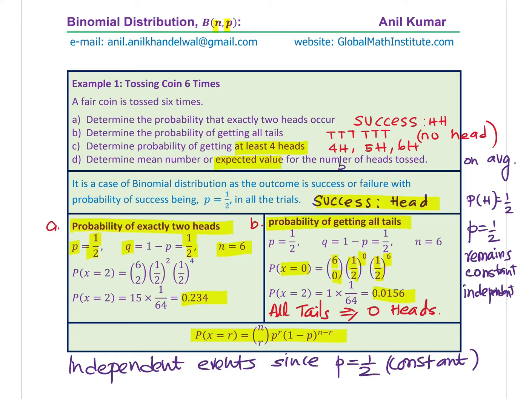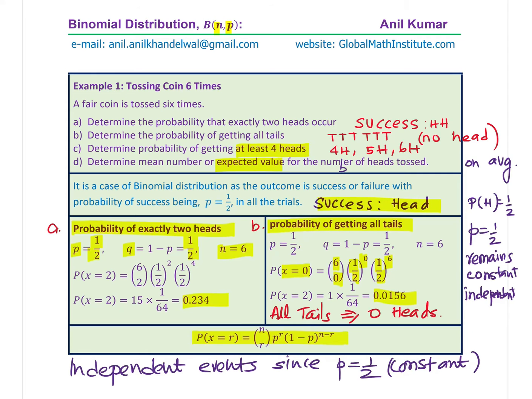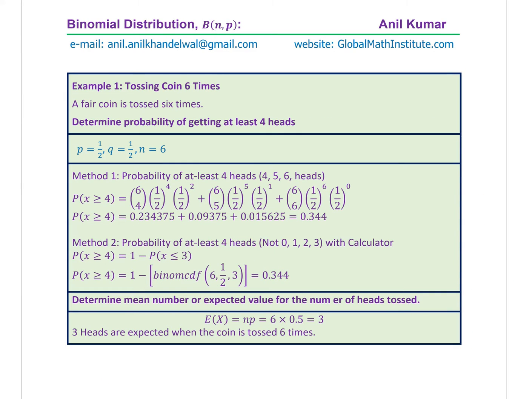Now let's see how to find the probability of at least four heads. At least four heads means we could get four heads, five heads, or six heads, correct?